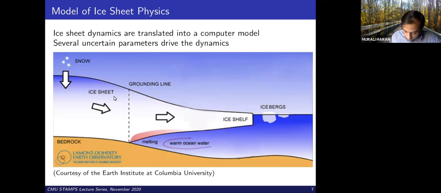So you can imagine that there are processes that govern how vulnerable this is, and how much this ice shelf is impacted by the warm ocean water that it's right up against. So you might have a parameter that dictates that behavior, its response to the warm ocean water, and its tendency to break off.